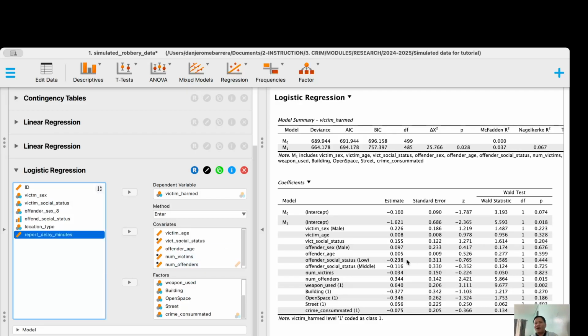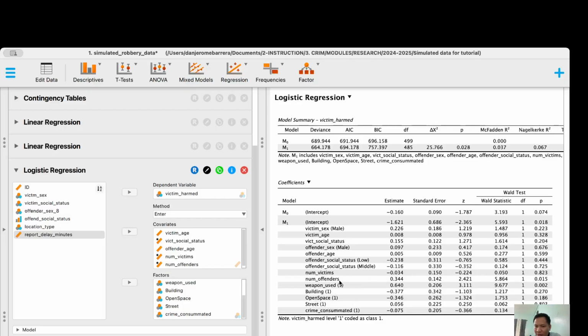So we now have a complete table of coefficients for the logistic regression of crime lethality. We can see that only number of offenders and weapon use are statistically significant in predicting the risk of harm with regard to robbery.